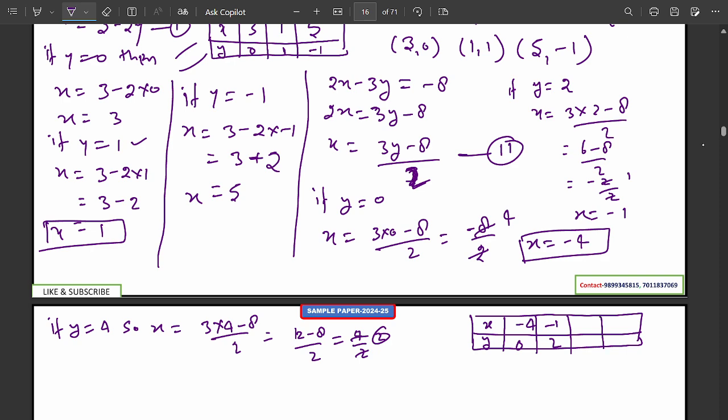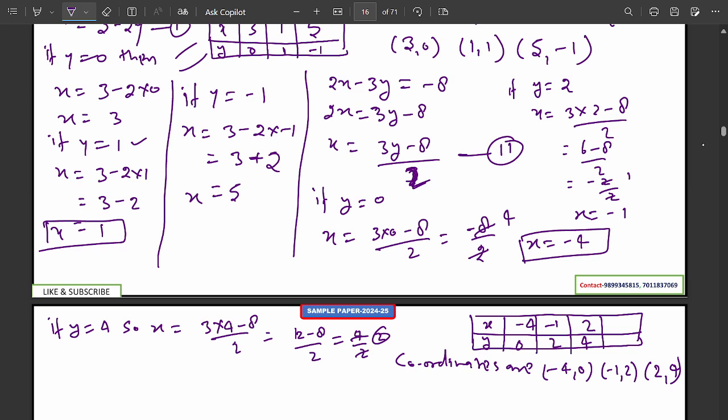So y is equal to 4, x is equal to positive 2. So the coordinates of the second equation are (minus 4, 0), (minus 1, 2) and (2, 4).